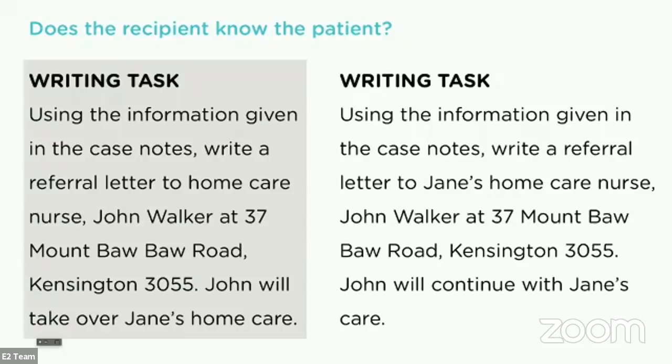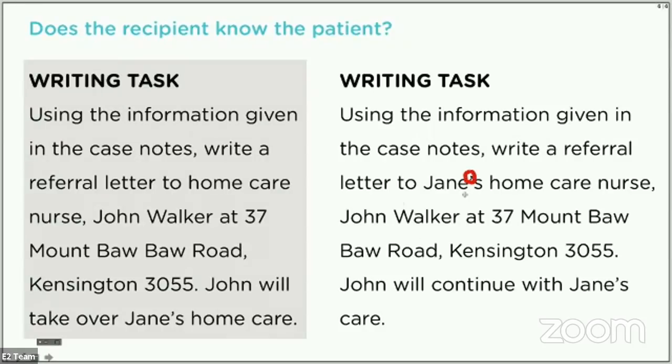whatever. On the right-hand side, it says, using the information given in the case notes, write a referral letter to Jane's home care nurse, John Walker. This is interesting. This little apostrophe, Jane's home care nurse, John Walker, right?